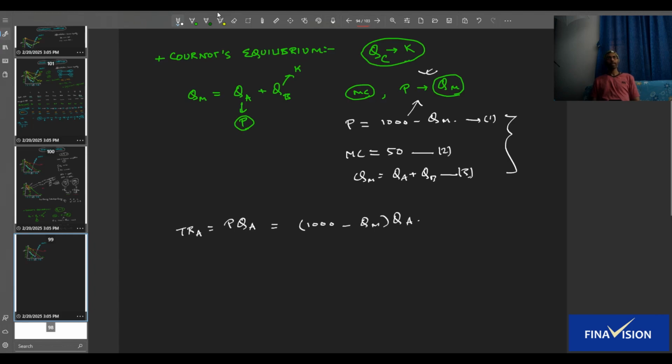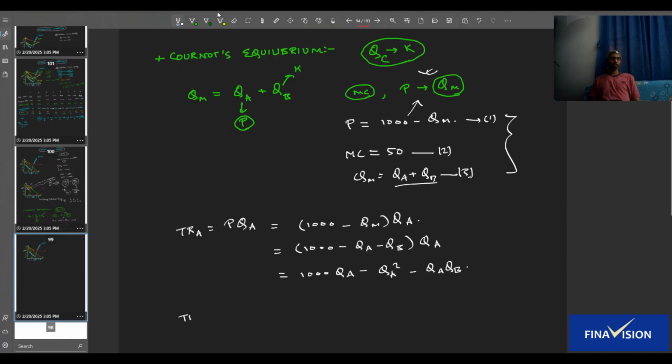Now QM is equal to QA plus QB. So we can write (1000 minus QA minus QB) multiplied by QA. This is equal to 1000 into QA minus QA square minus QA QB.